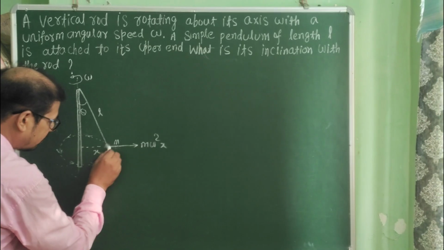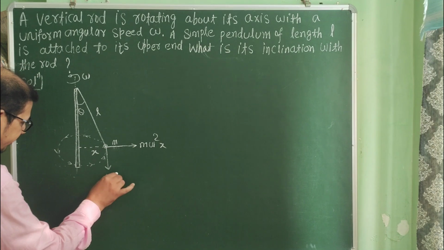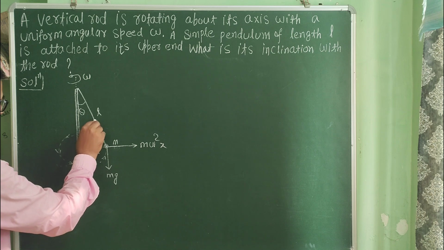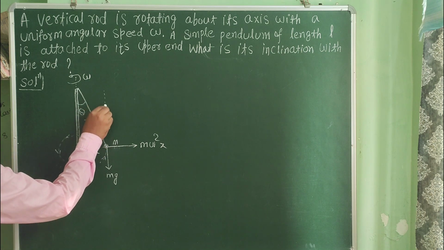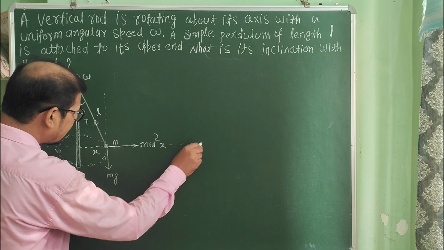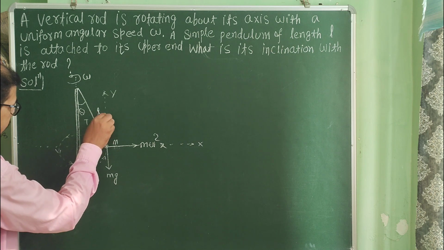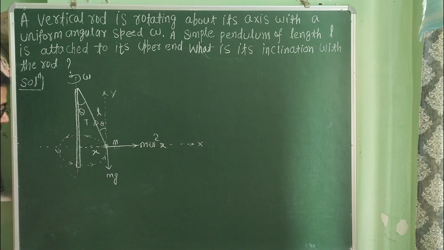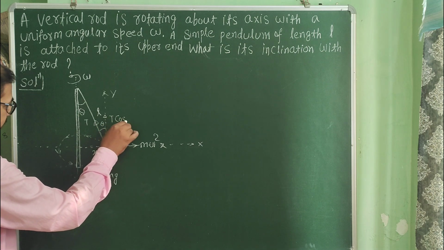Now, m omega square x is away from the center, this is the mg, the weight force. Now, the string becomes stretched, so the tension in the string is T. Now, consider the axes on the bob. This is the x-axis and this is the y-axis, correct? This is theta, so this is also theta. So, the component of T along the y-axis is T cos theta. Any doubt?